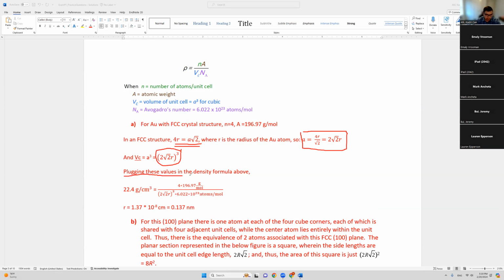If you plug in these values in the density formula above, we know N, we know the atomic weight, which is given, and we can write down VC, the volume of unit cell, like this, 2 times square root of 2R cube, and times the Avogadro's number, which is this number. If you do this calculation, you will find R as this value, 0.137 nanometers, okay?